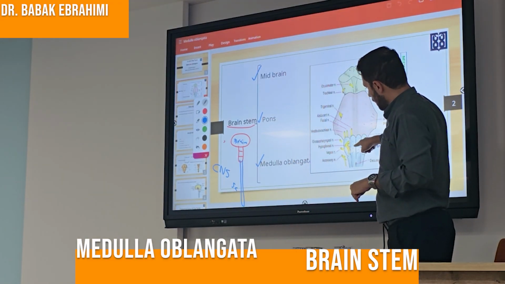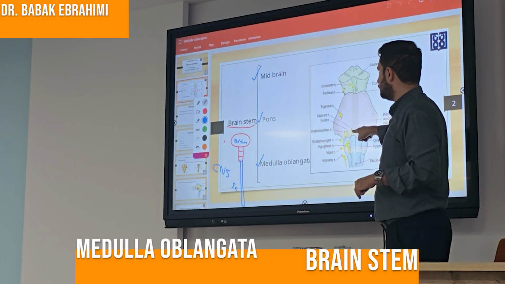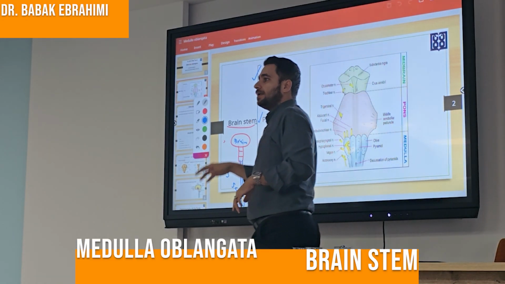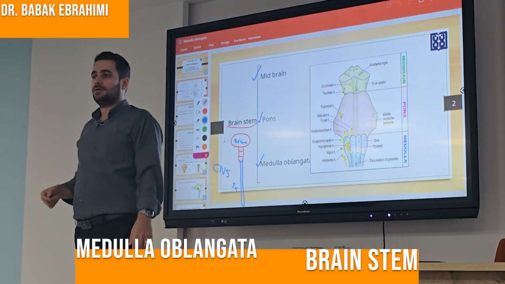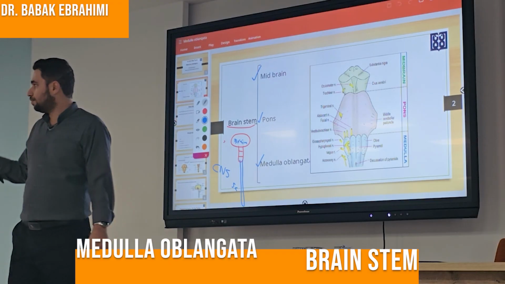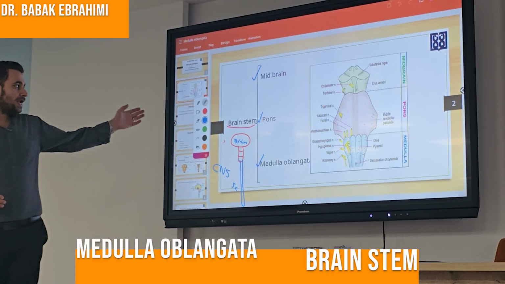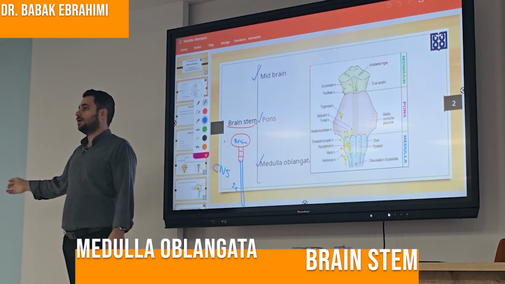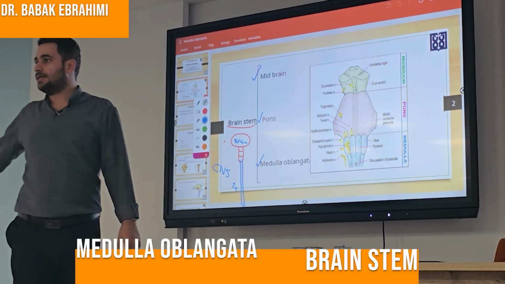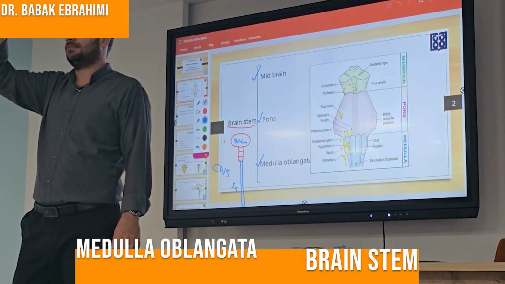Look at here. This one is medulla oblongata, this one is pons, and this one is midbrain. The brain stem is something like a door. If you want to come to the class, you must open the door and come. It means that when a tract wants to come to the brain, it must pass through the brain stem.